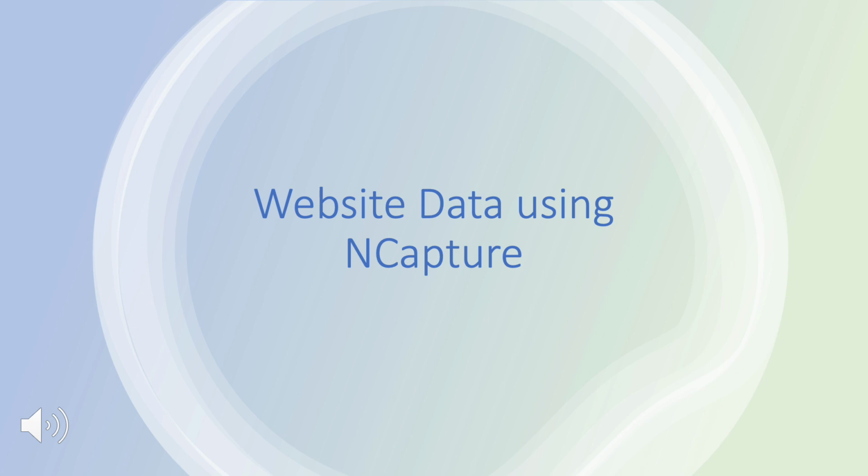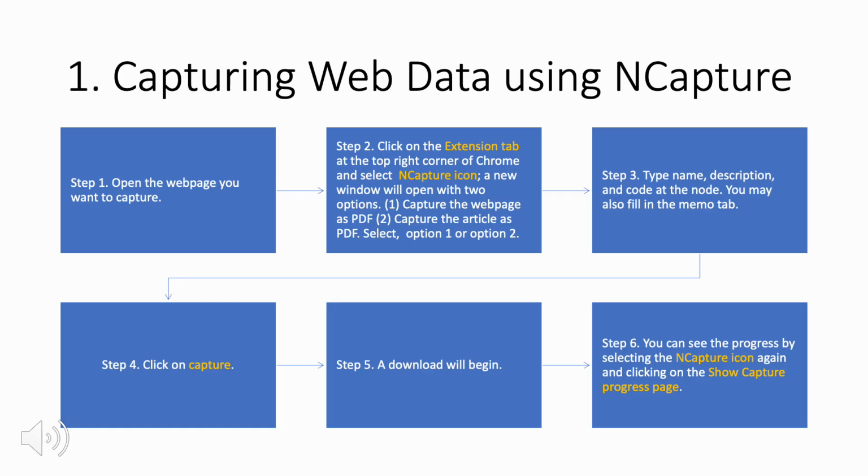To begin with, let's capture website data using NCapture. These are the 6 steps which, if you follow, you would be able to capture or download website data using NCapture.